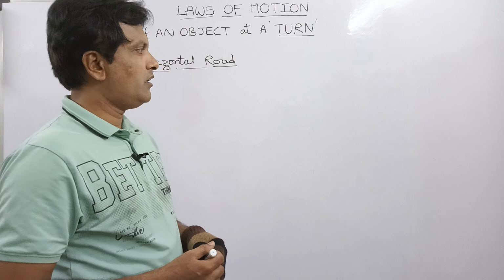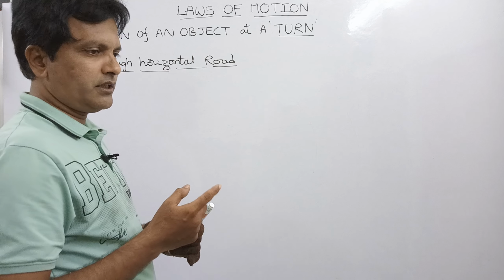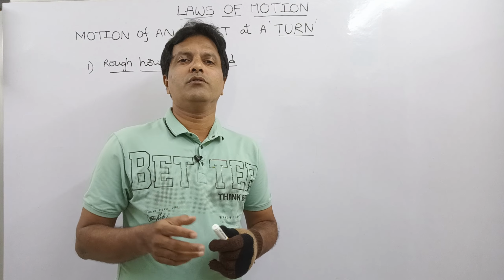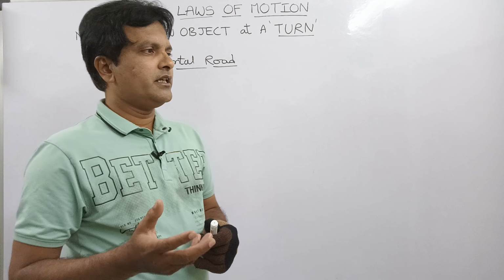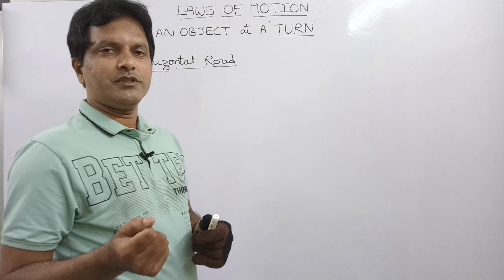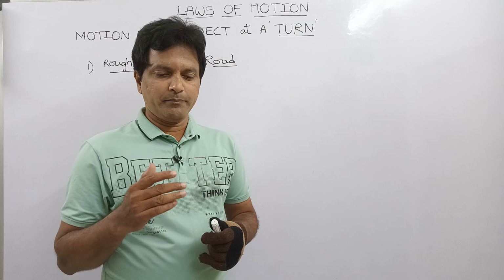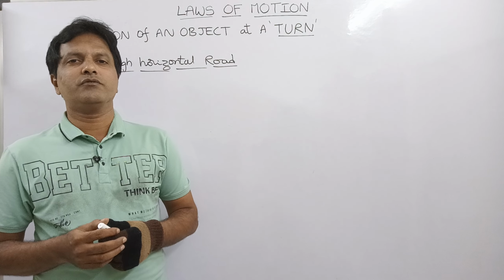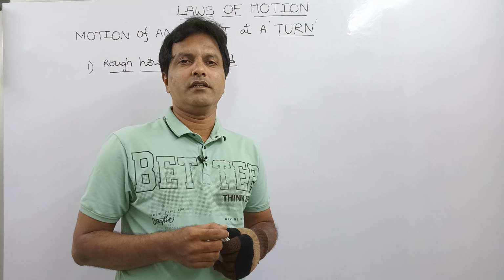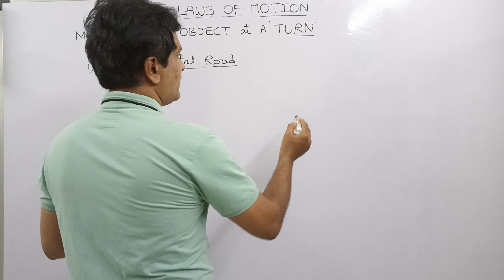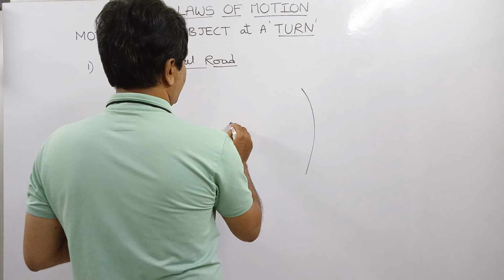When a particle is moving in a curve, we know a centripetal force will act on the object towards the center of the circle. To balance that force, so that in circular motion the object will not fall into the center, a balancing force called centrifugal force will act on the object in exactly the opposite direction, equal and opposite.